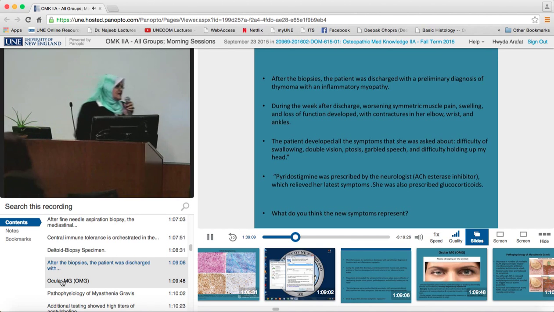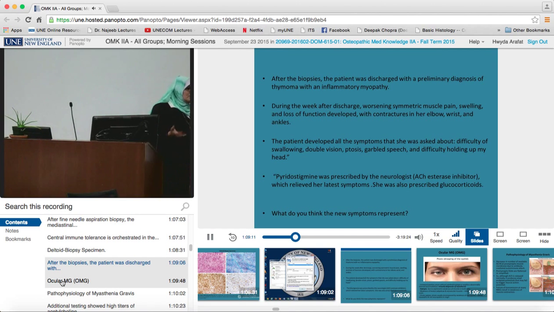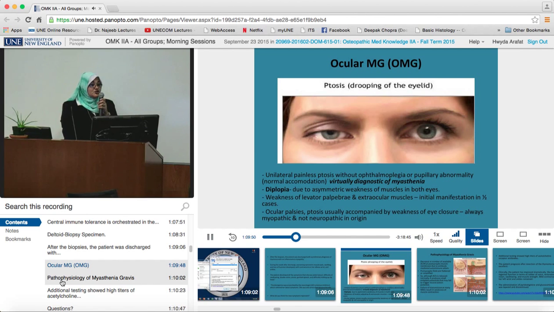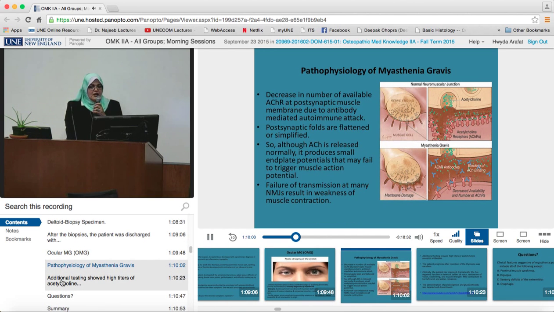It was funny that after they did this biopsy, the woman was released from the hospital, and then she came back with exactly the symptoms that she was asked about. She was asked about dysphagia. When you see a patient with ptosis, this is almost virtually diagnostic, and dysphagia. And you know about myasthenia gravis that the postsynaptic membrane loses its folds and the number of receptors is reduced.